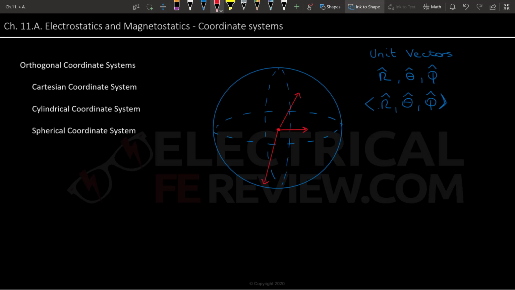Now let's look at what theta and phi mean. Both of these are going to be the angle values of the point. And basically theta is going to represent the same theta that we covered in the cylindrical coordinate system.